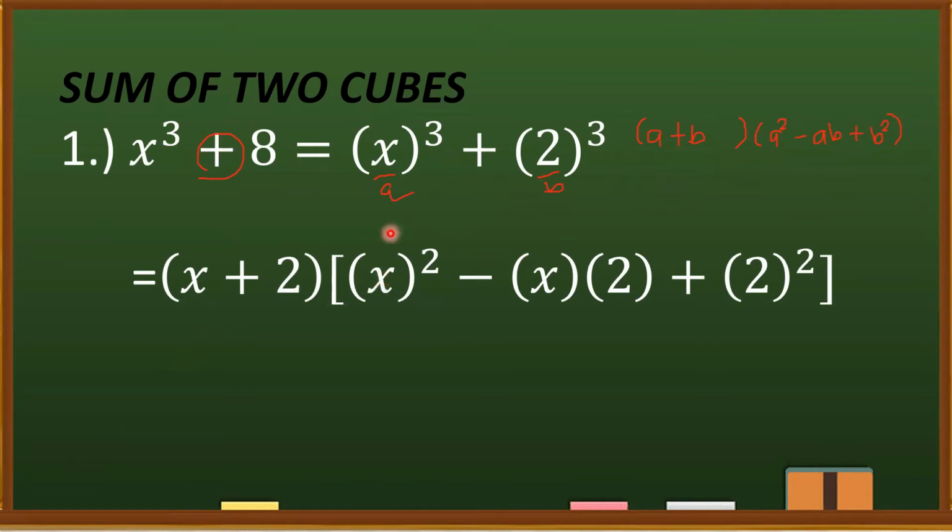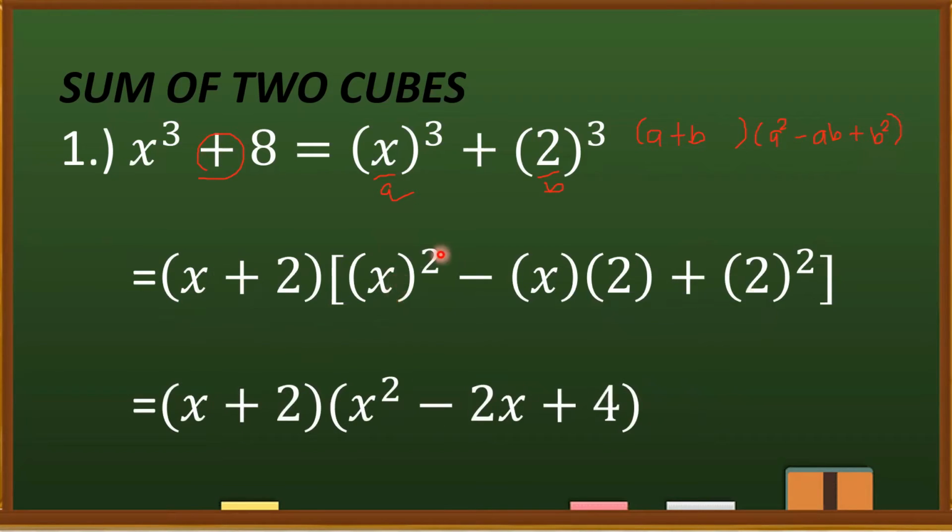So we just square the x here, and then just copy negative, and then the value of a is x, the value of b is 2. And then plus, copy the operation plus, then b is 2, and then don't forget to copy the square. And then after this, just simplify. Okay, bring down x plus 2 kasi hindi na kailangan i-simplify.